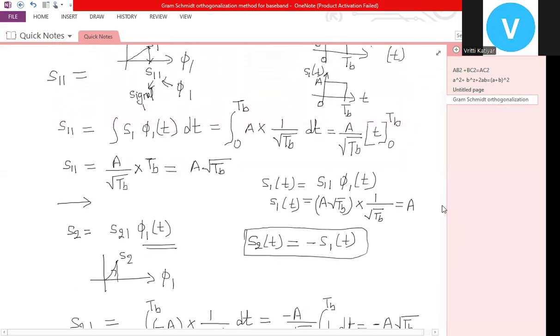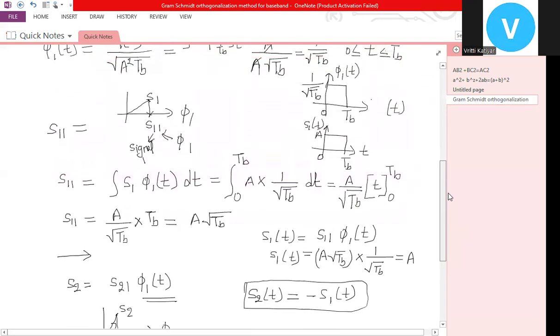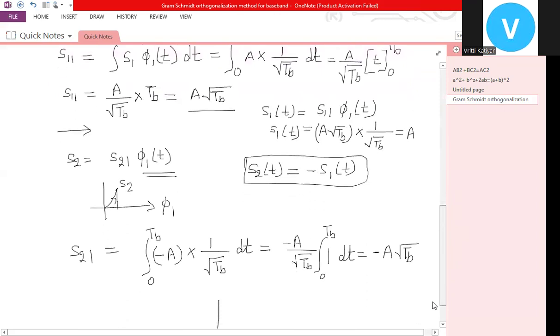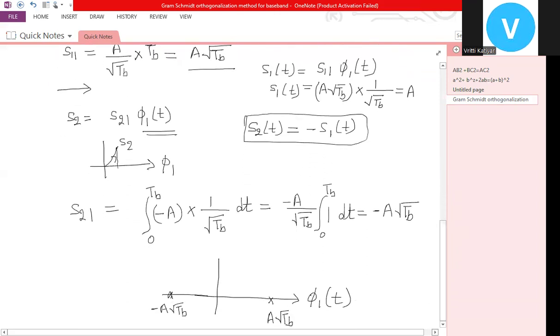S1 is S11, which was A root Tb, and S21 just now we have seen is minus A root Tb.